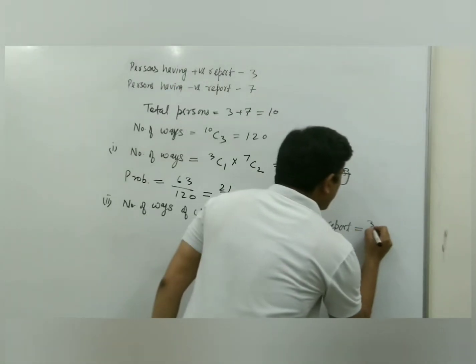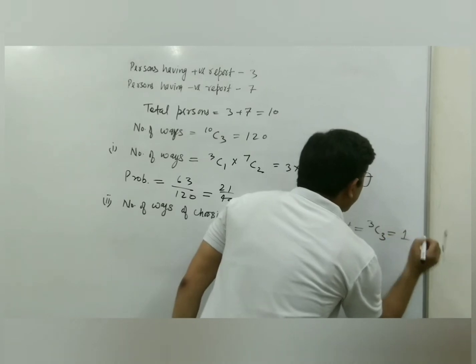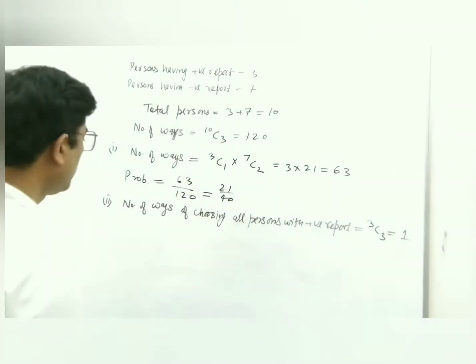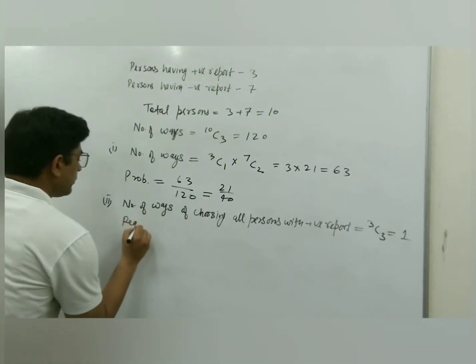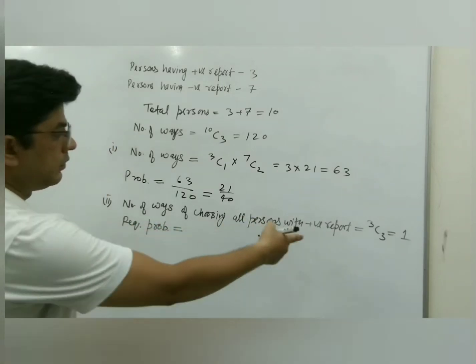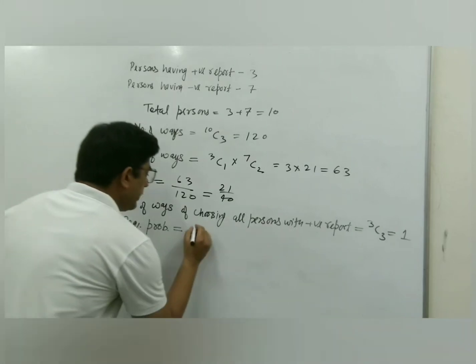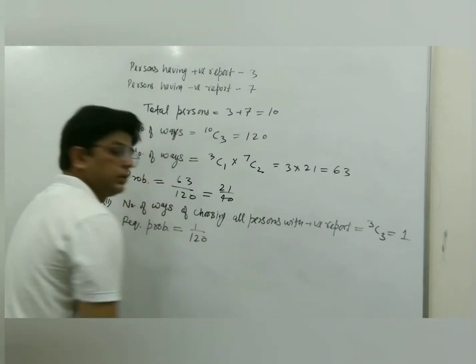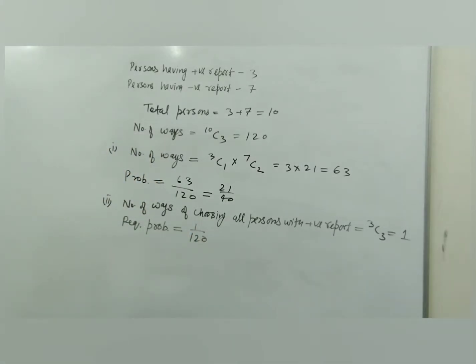So the number of ways will be 3C3, that will be equal to 1. So the required probability in this case, this is equal to 1 upon the total number of ways are 120. So this is the probability in this case.